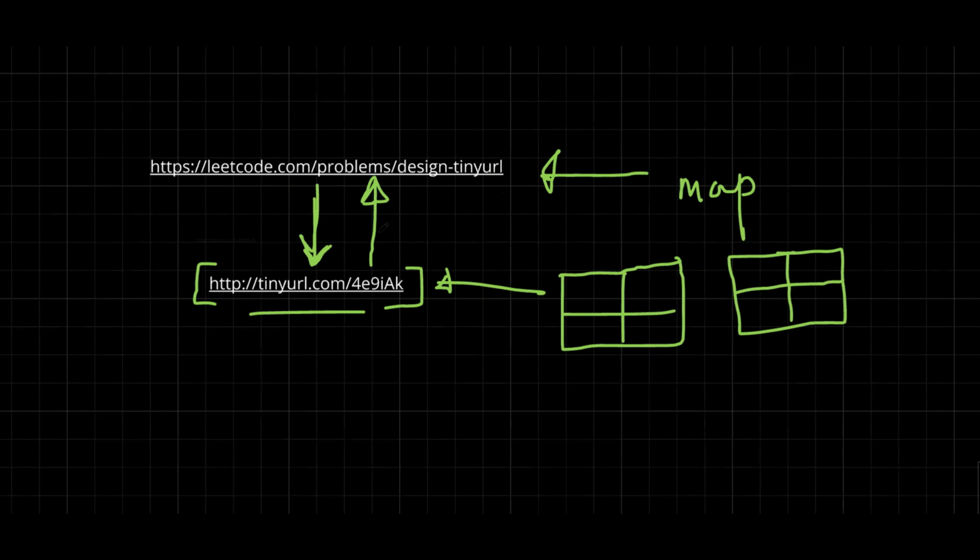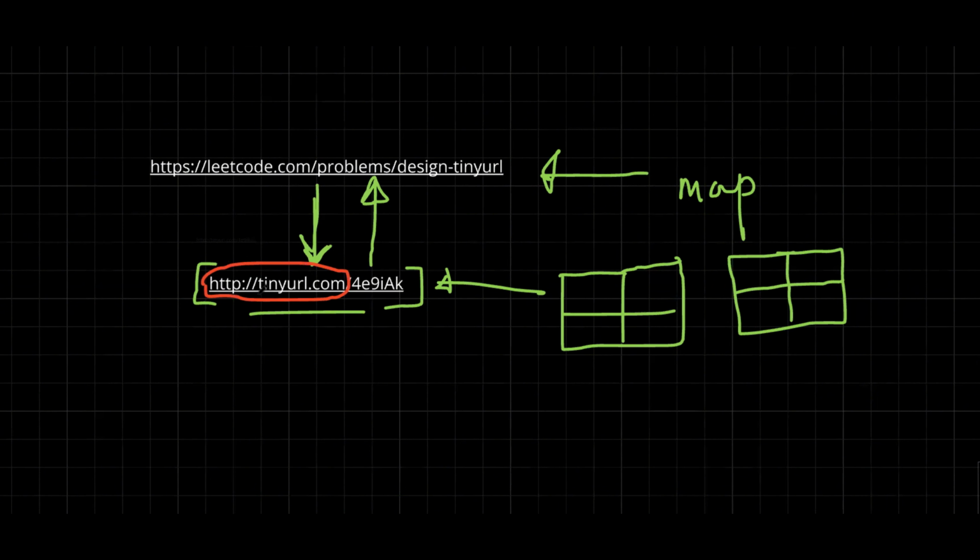Now suppose we have taken a base URL. Suppose here the base URL is this part, which is http://tinyurl.com. So when we use the encoding, we will use this base URL, obviously.